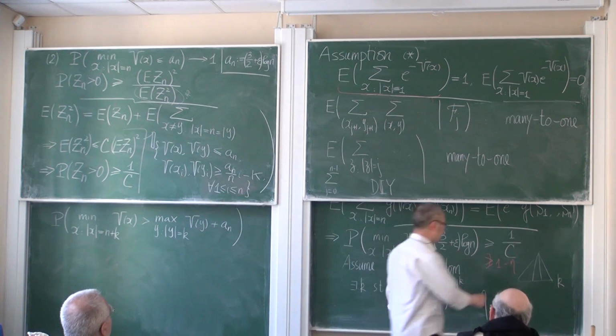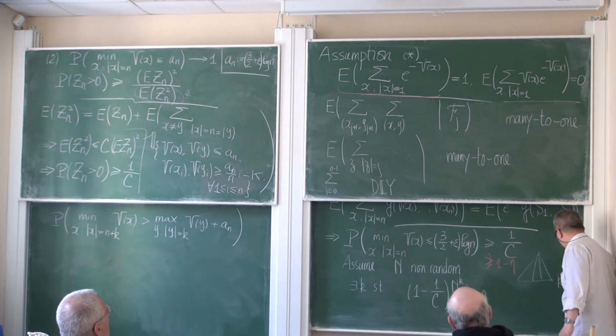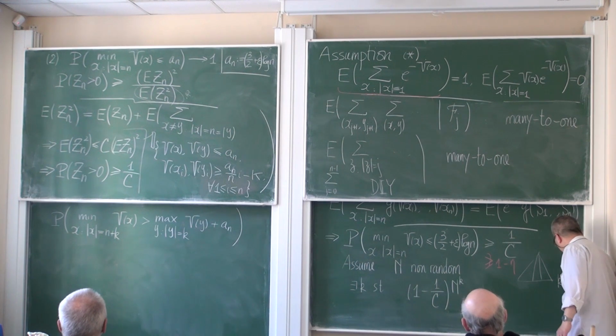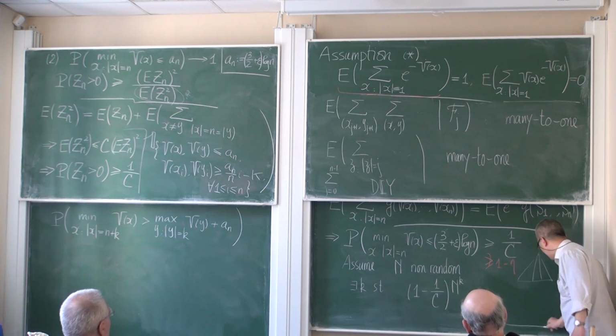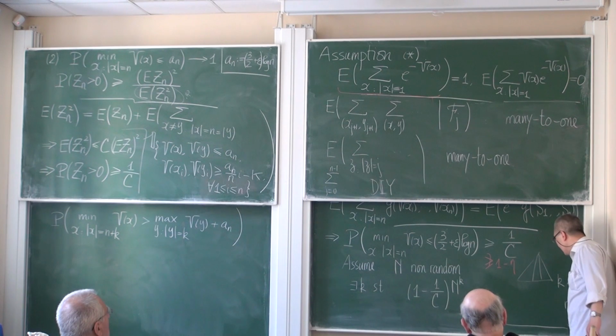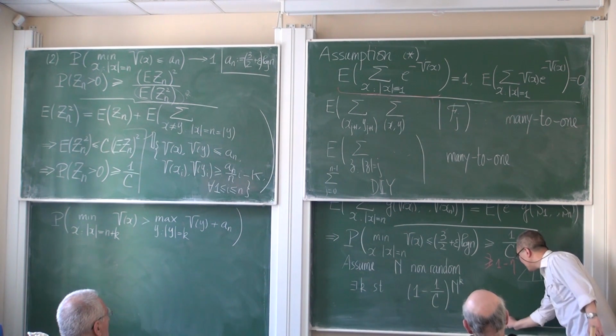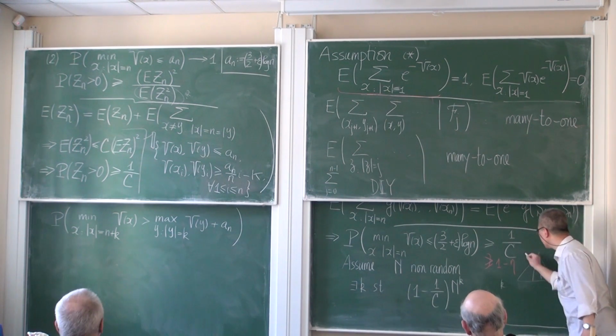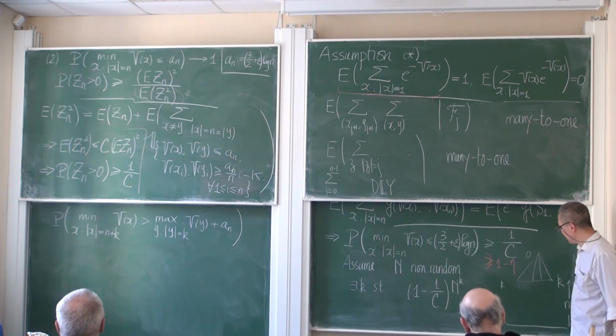Okay, so which means that I look at the generation k plus n. So this is generation n plus k, this is generation k, this is generation 0. Yes?